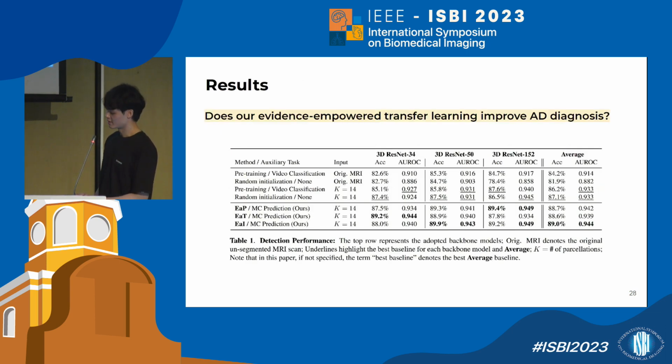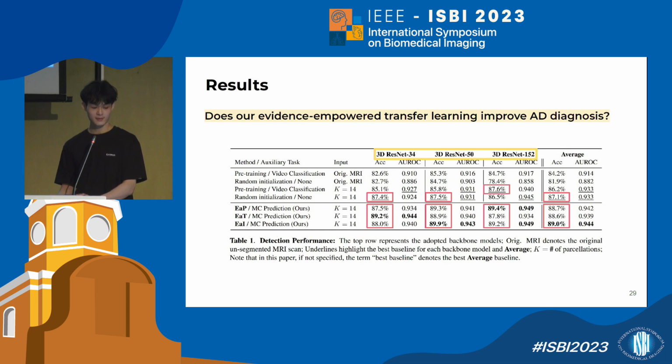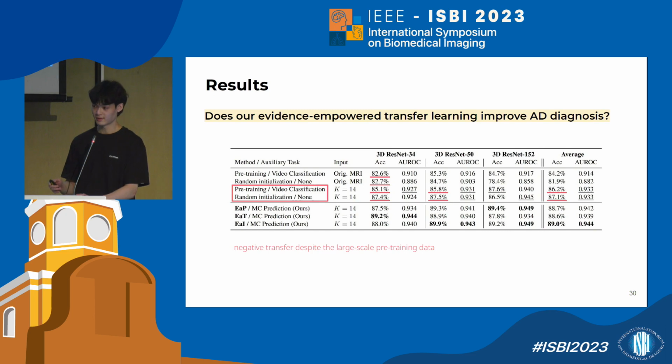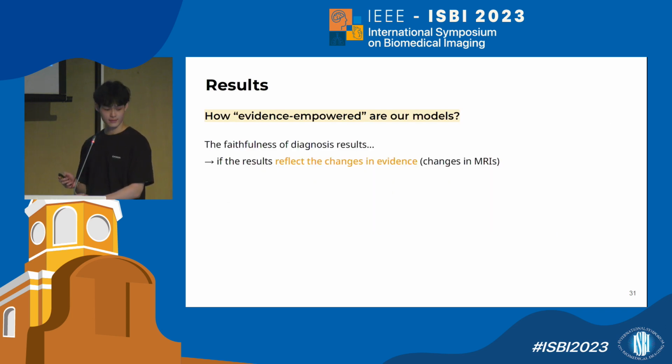The first one is, does our framework improve AD diagnosis? As we can see here, all of our settings achieve higher detection accuracy than the baseline, regardless of the capacity of the model. And we also observe negative transfer here, and this supports the necessity of our effort to try to utilize the knowledge that is related to AD.